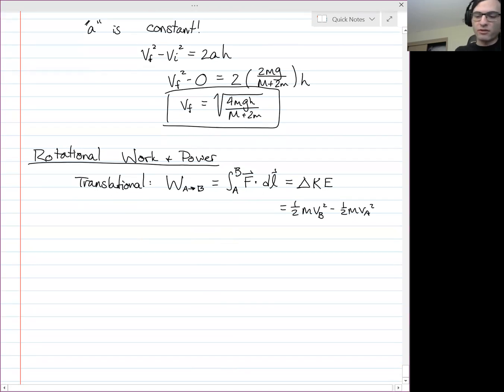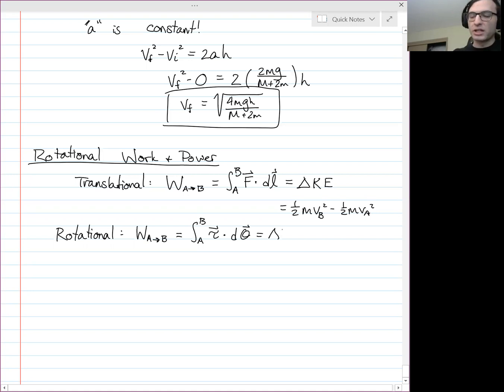Now we can do the same thing for rotational work, which is just work done by a torque. So here we have the work done from configuration A to configuration B. This is an integral, again from configuration A to B, of the torque, which is a vector just like force is, dotted into the angular path that's taken.